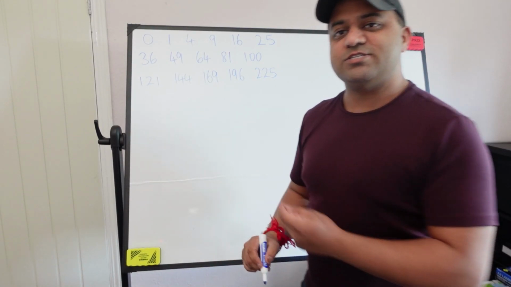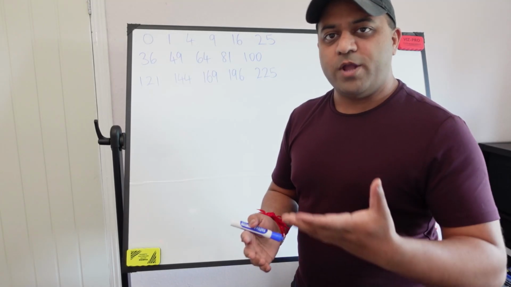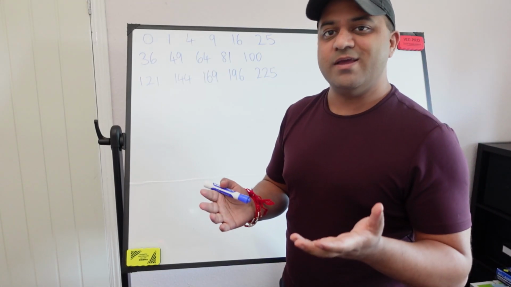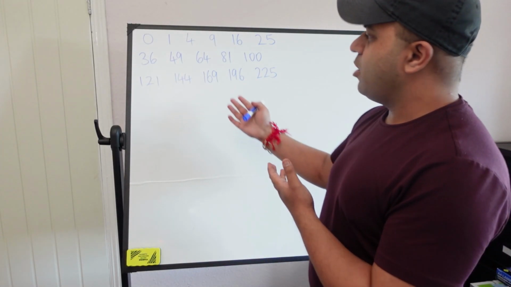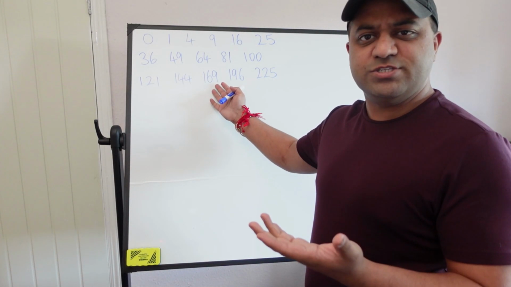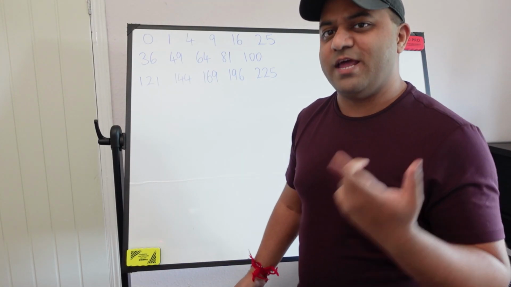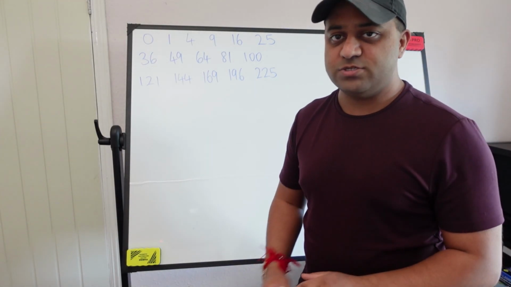So this list I would recommend remembering. That way, when you see these numbers come up in a question in your Key Stage 3 exam papers, hopefully you'll see the number 169, for instance, and think, that's a square number, that might be useful for later on. So we just need to be able to recognize that these are square numbers.